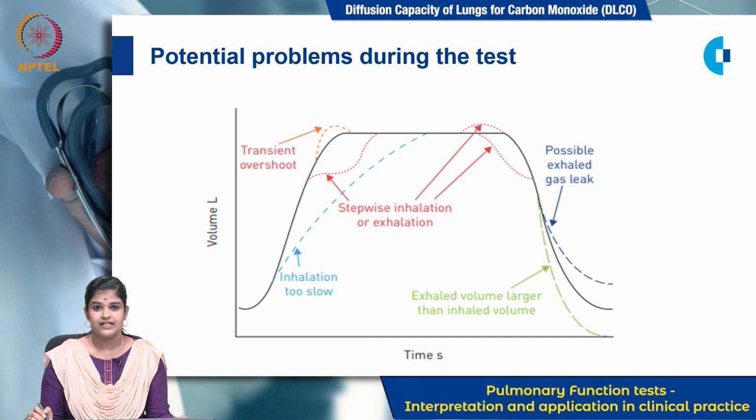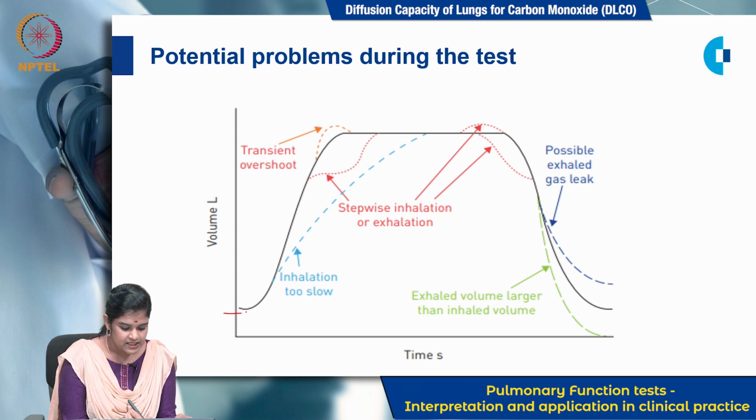What are the potential problems that we may face while performing the test? The patient may not cooperate or may not be able to perform the technique correctly. The first and foremost problem which may arise is the patient not reaching the residual volume and TLC.